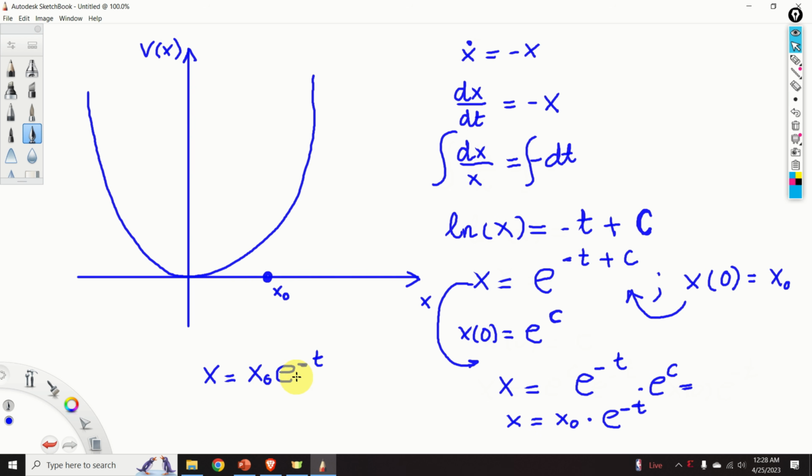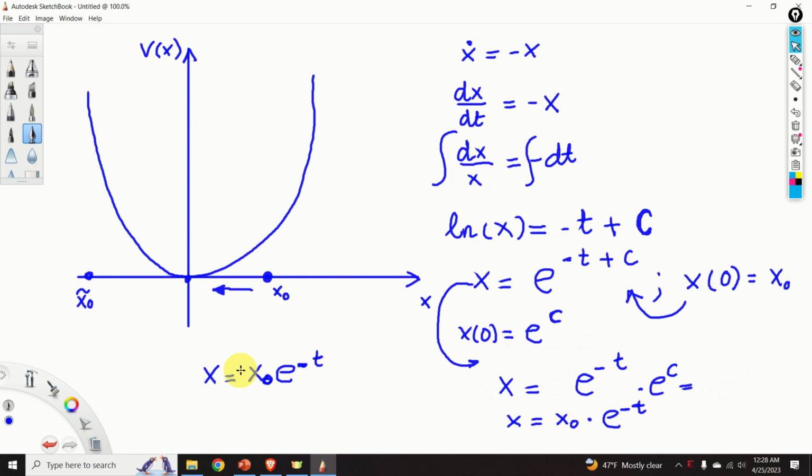So what's happening over here? In this case, as the time goes by, that is, as t increases, the right-hand side of this equation will decrease. That is, we will approach 0. And notice over here that 0 is actually the equilibrium point. On the other hand, if we start from this side, that is, if the initial condition is negative, let's call this initial condition x0 tilde, then what happens over time?